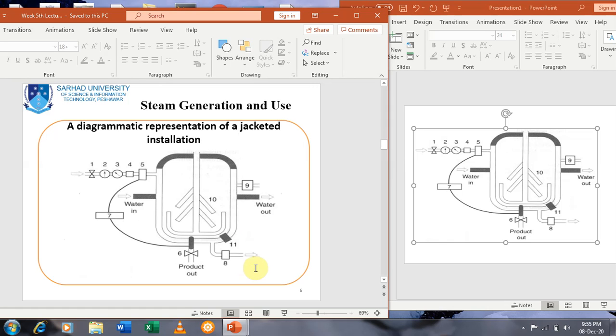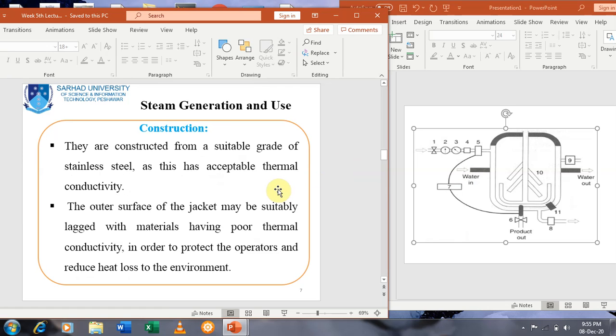And then the diagrammatic representation of the installation, considering construction. It is constructed from a suitable grade of stainless steel.